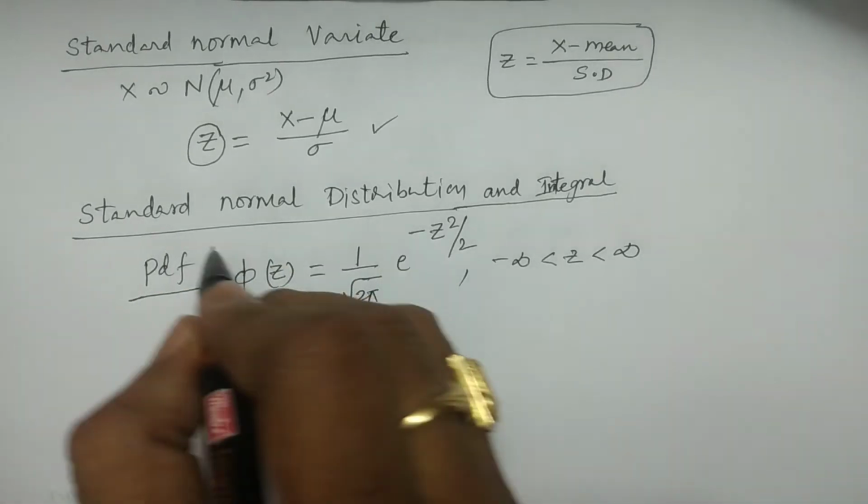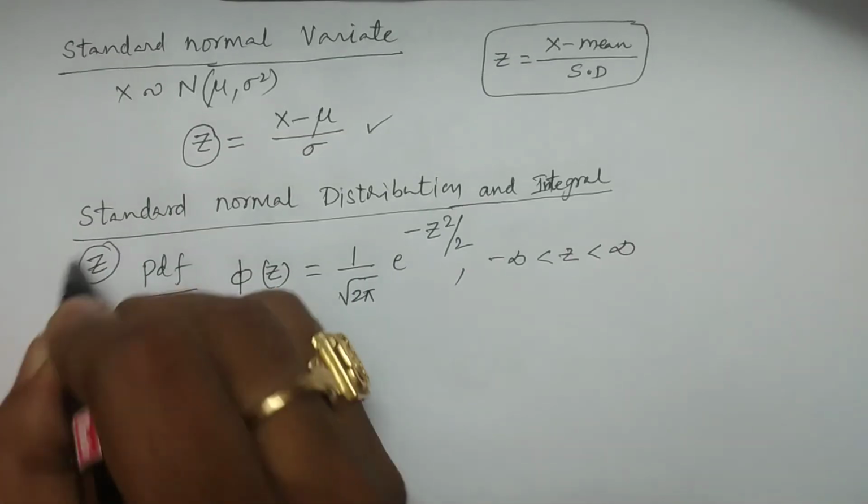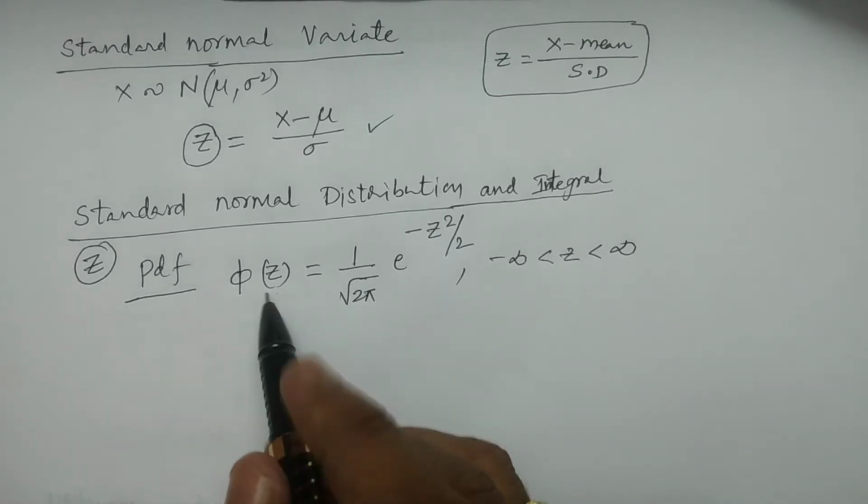Any particular standard normal variable z has the probability density function phi of z.